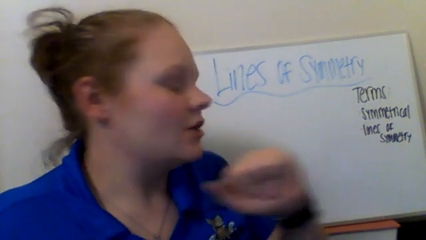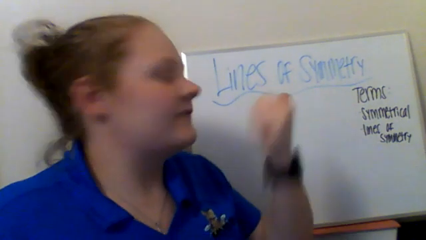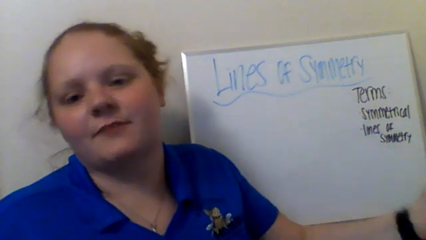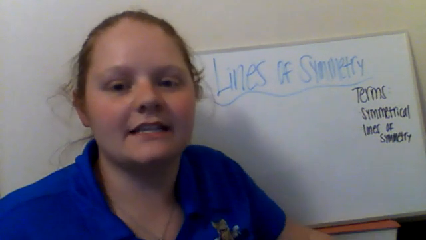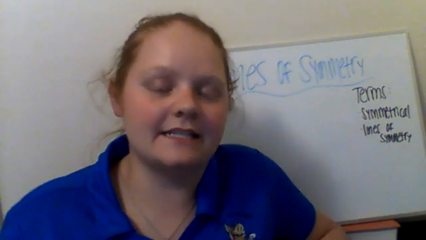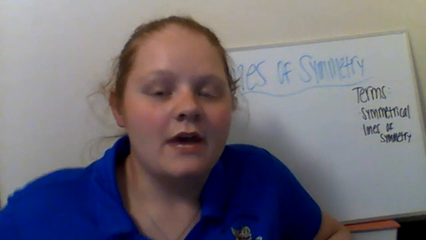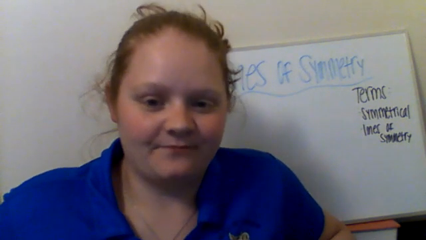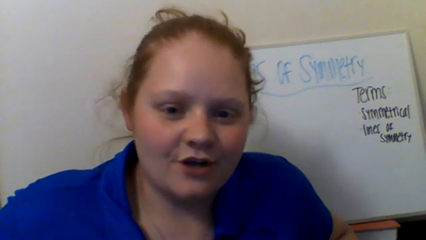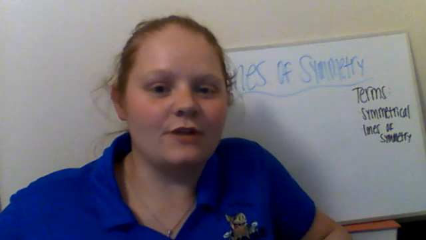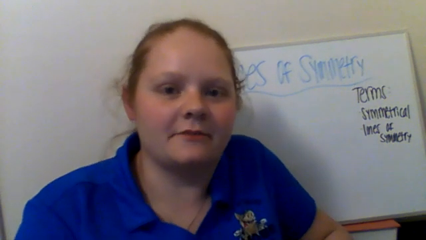We need to figure out what it means if a shape is symmetrical or unsymmetrical. The word symmetrical means a shape is symmetrical if it has a line of symmetry. So to know if a shape is symmetrical, we need to know what lines of symmetry are.